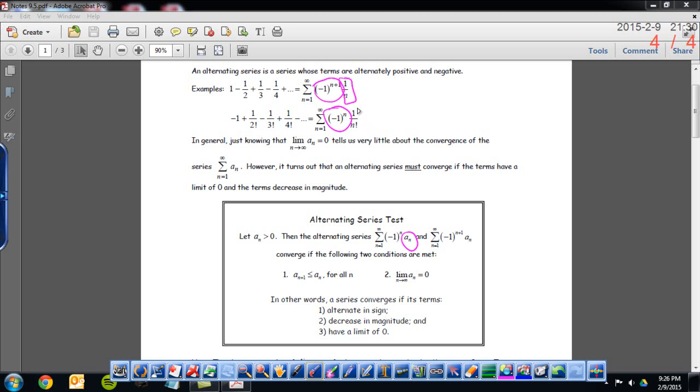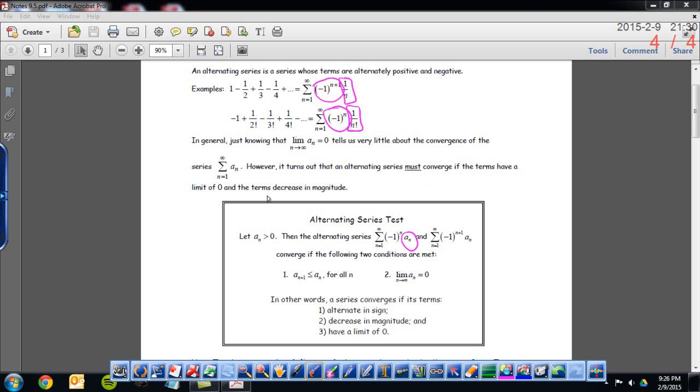And for the second example, the a sub n part is the 1 over n factorial. So when we talk about the a sub n part, we're just talking about the part that doesn't have the -1 to the n on it. The -1 to the n or -1 to the n plus 1 just tells us that the series is alternating.